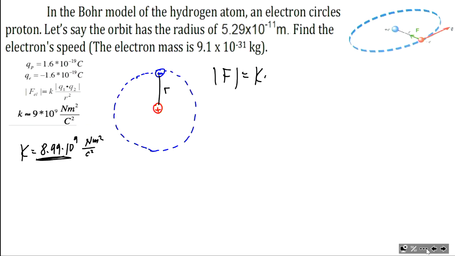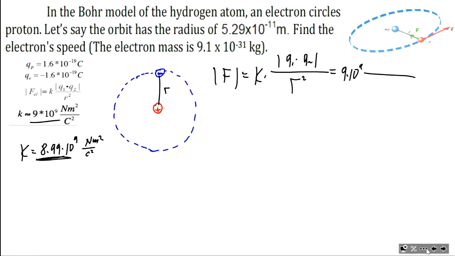But for us, for all our calculations, it's just 9 times 10 to the 9th. So, and we have to use the magnitude of the first charge, magnitude of the second charge, divided by distance squared. So we can actually calculate this number for the proton and electron because everything is given. 9 times 10 to the 9th. I'm not going to calculate the number.